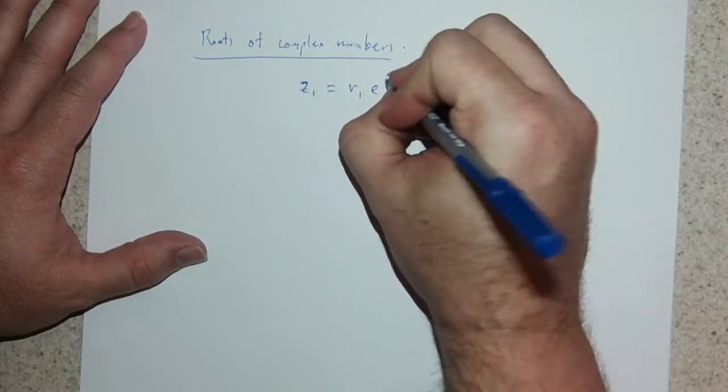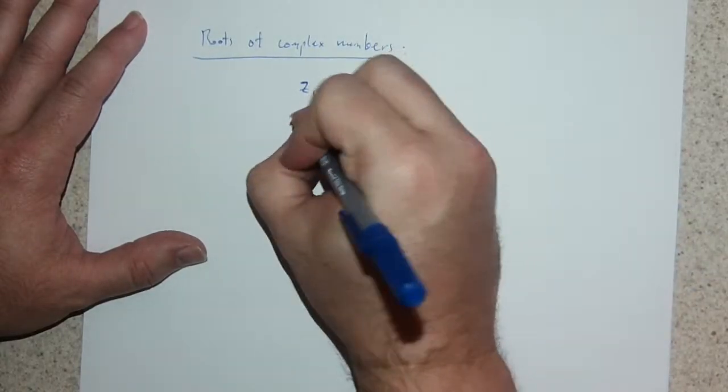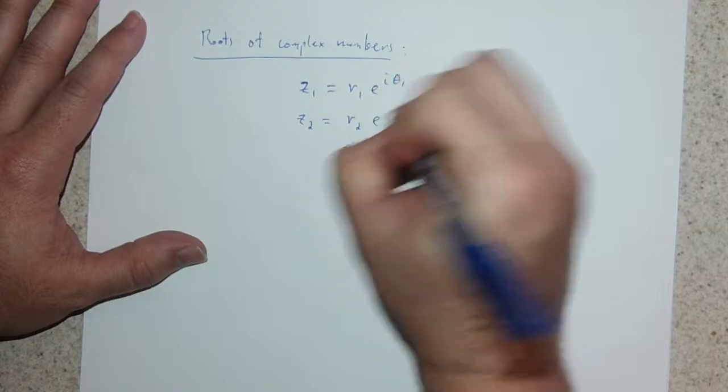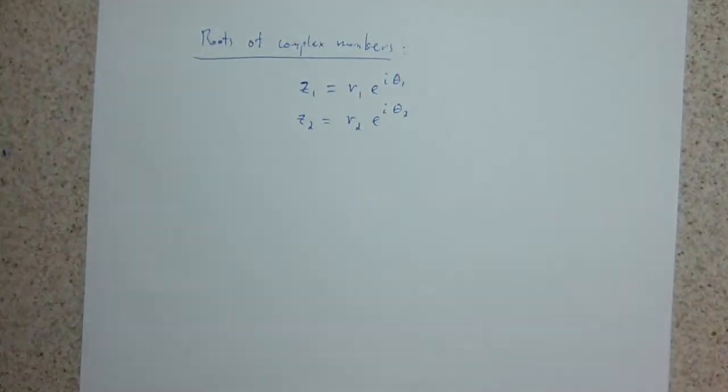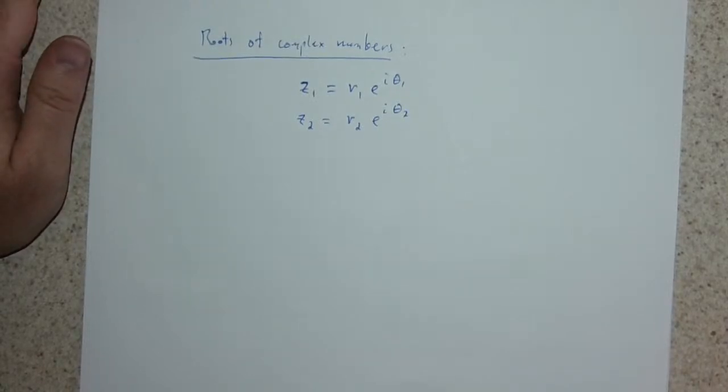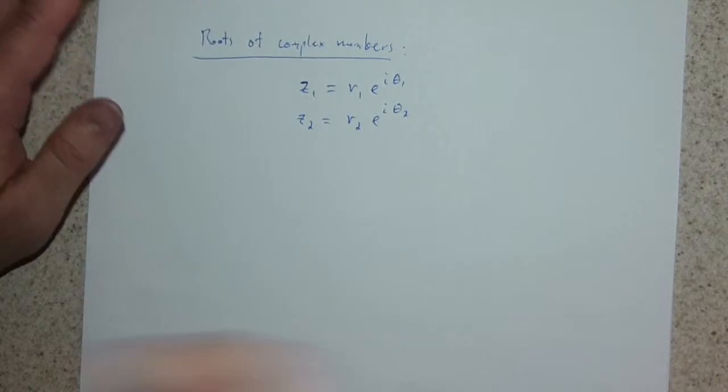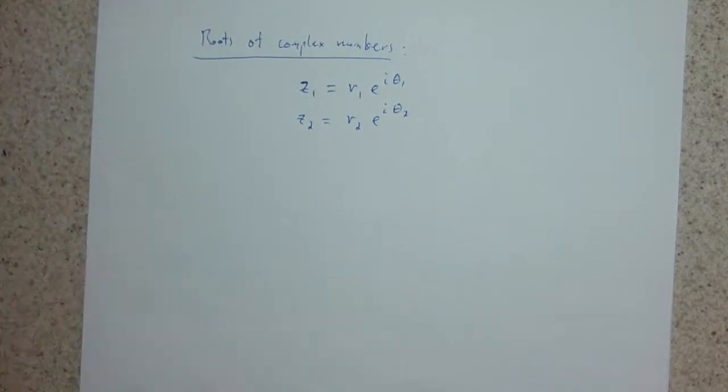So what does it mean if they're equal? For rectangular form, it's very obvious. It just means the real and imaginary parts line up, right? The real and imaginary parts are equal. Or thought of as an ordered pair, both the x and y slots are equal.